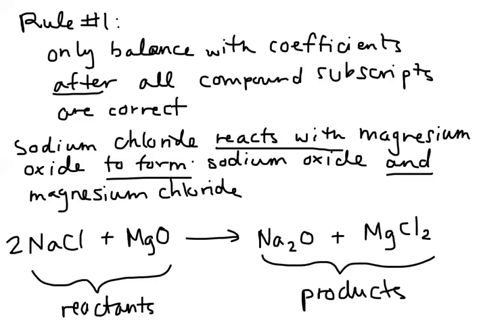Now, there are 2 sodiums, 2 sodiums, 2 chlorines, 2 chlorines, 1 magnesium, 1 oxygen. We are good. Okay, so I didn't worry about the number of sodiums while I was charge balancing. I just went back and fixed it with my coefficient. Okay, and that's what I wanted you to do. Subscripts before coefficients. All right? Any questions thus far? Okay.